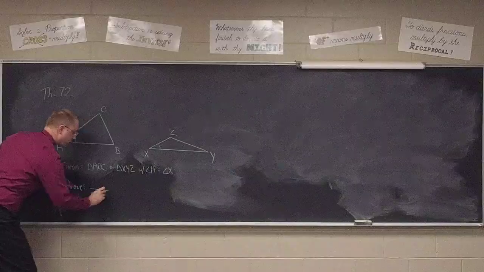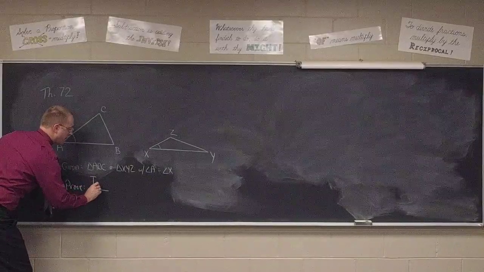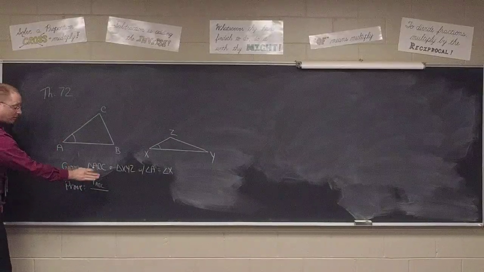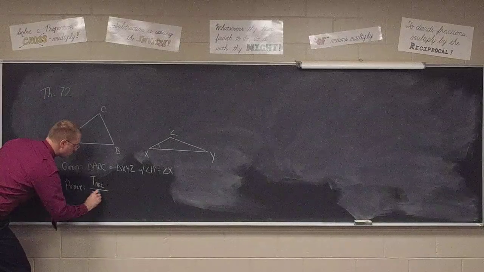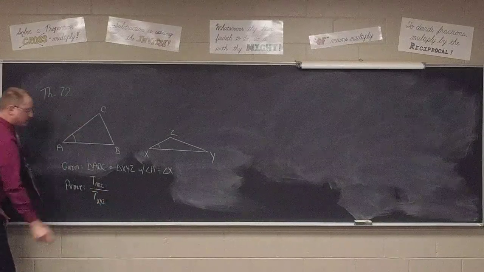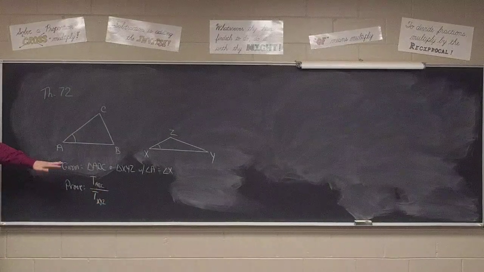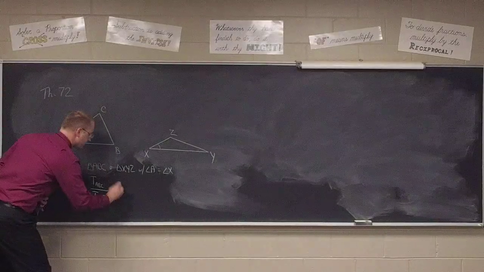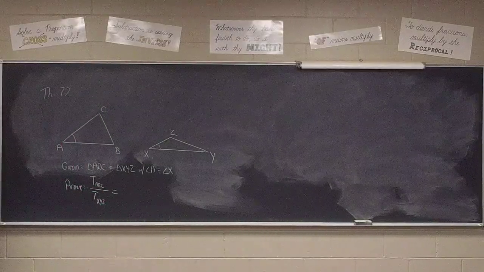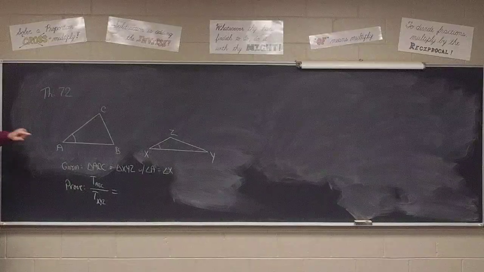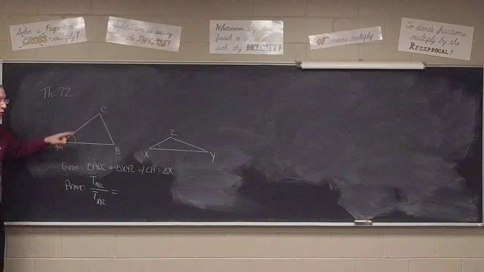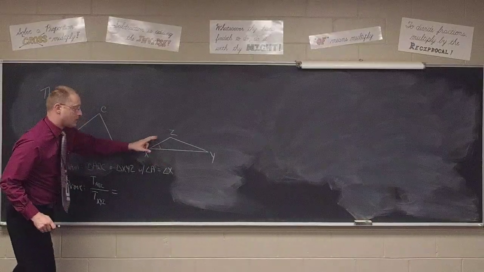So that means we're going to make a ratio of the areas. The area of triangle ABC, that's capital T sub capital ABC, is to triangle XYZ, that their areas are to each other as the products of the sides forming the angles.